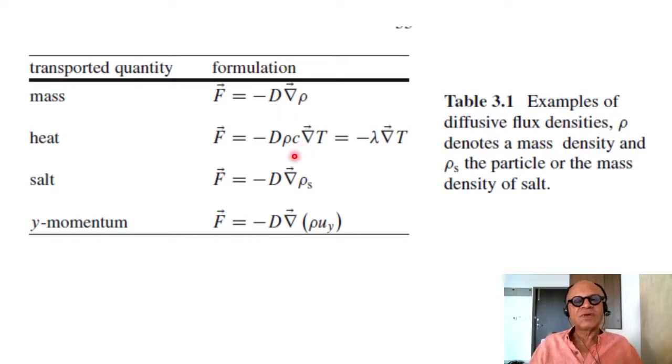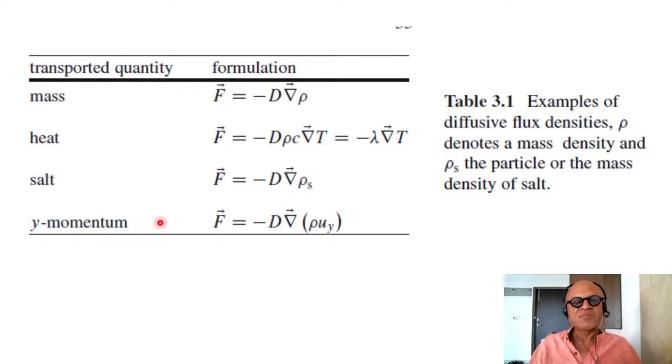Heat diffuses based on the gradient of temperature, and that depends on density and heat capacity, which tends to be written as lambda, so minus lambda gradient of T. Salt flux is again dependent on the gradient of salt, so it's the density of salt, or density of mass.